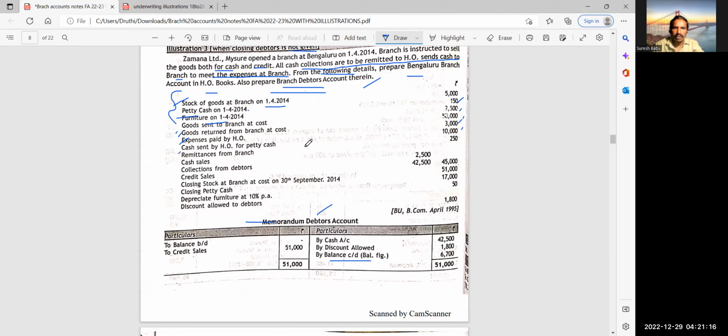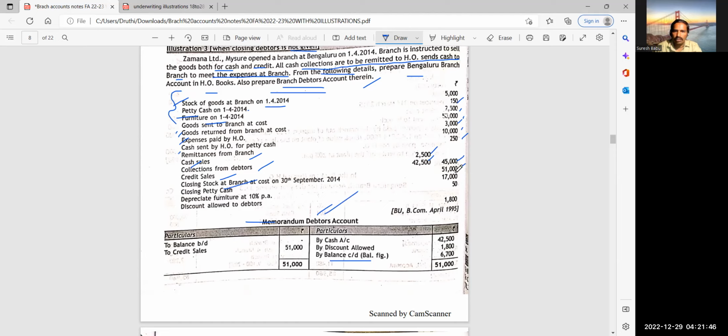Cash sent by head office for petty cash 250 rupees. Remittances from branch: cash sales 2,500, collections from debtors 42,500, total 45,000. Then credit sales information is given to you, 51,000. Why? This is for the purpose of preparation of debtors account.